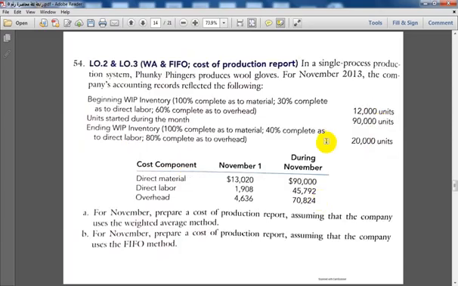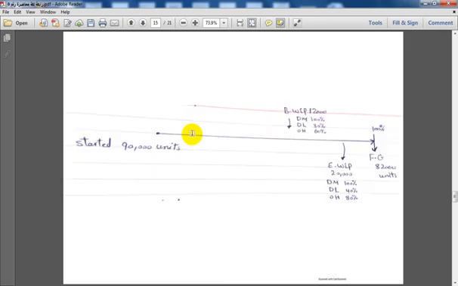Beginning work in process is 12,000 units, but we have 3 different percentages of completion for material, labor, and overhead, and 3 different percentages of completion for ending work in process.